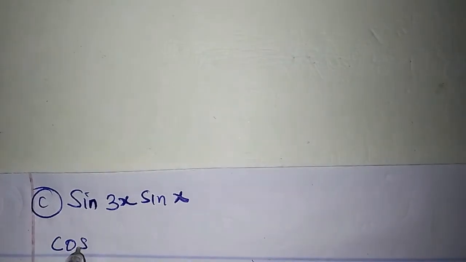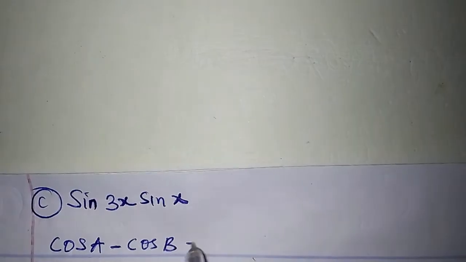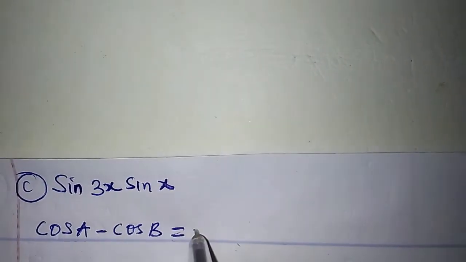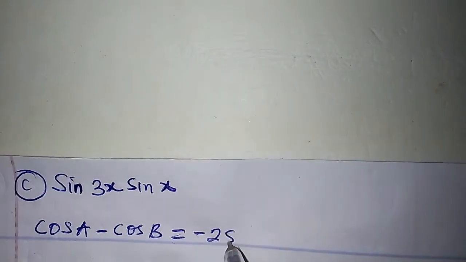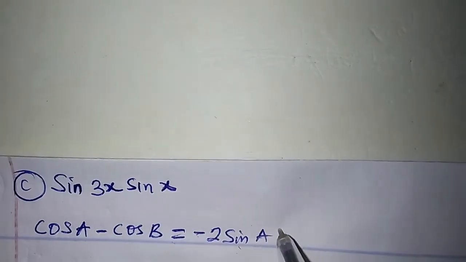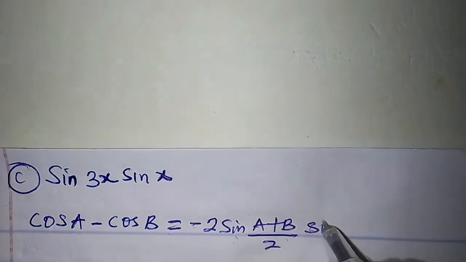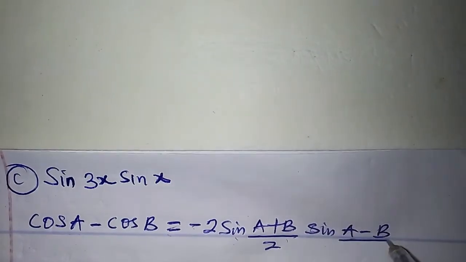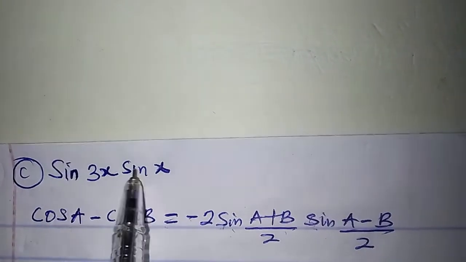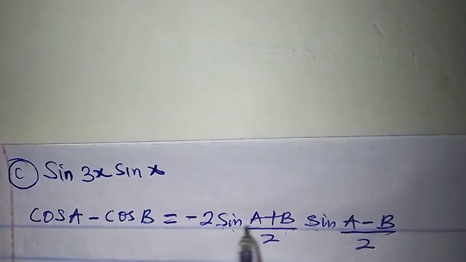To express this as a sum of two trigonometric ratios, we are going to make use of the factor formula that says cos A minus cos B is equal to minus 2 sine A plus B all over 2 sine A minus B all over 2. Here it is the product of two signs, so that's why I'm using this.